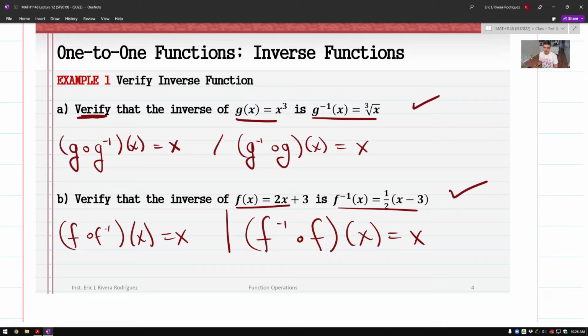These exercises are just to see the effect of creating a composition of functions when they are inverse to each other. They basically cancel each other, and we get back the input.